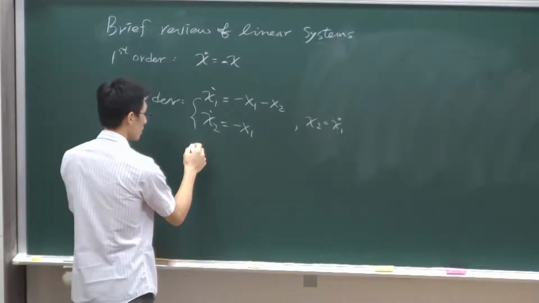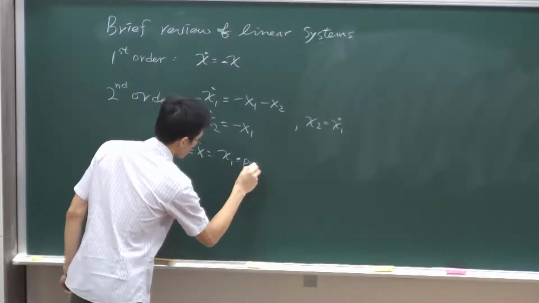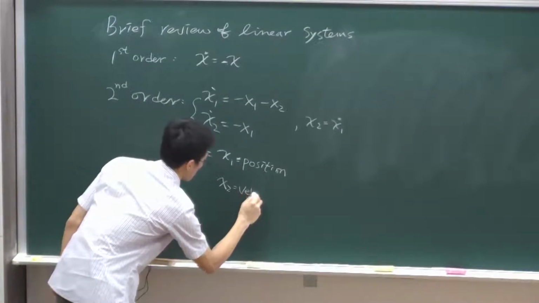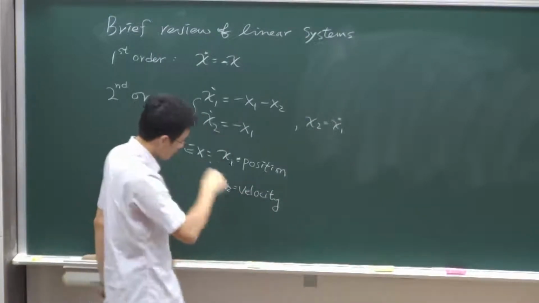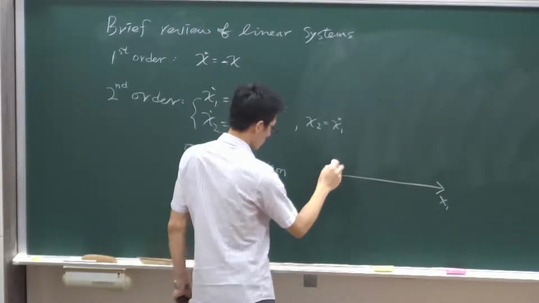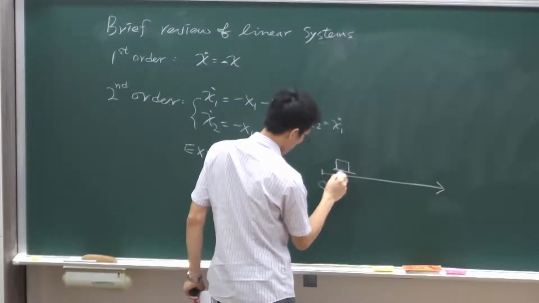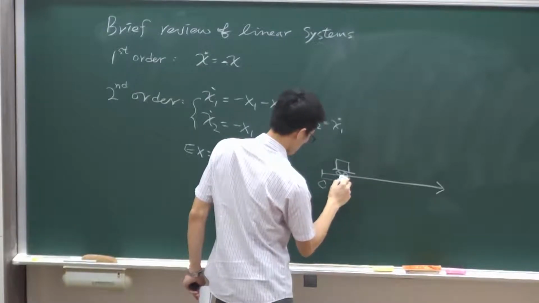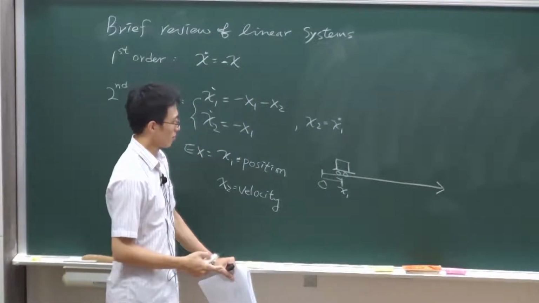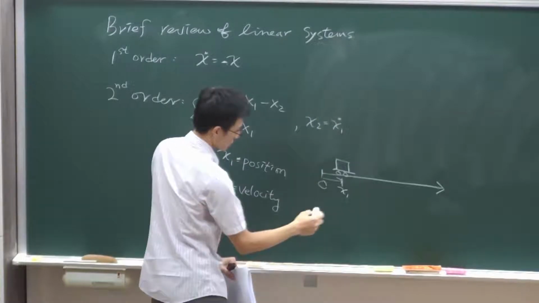So imagine that, if you have a car, the position of the car will be x1, and x2, the derivative of x1, will be x2, right?